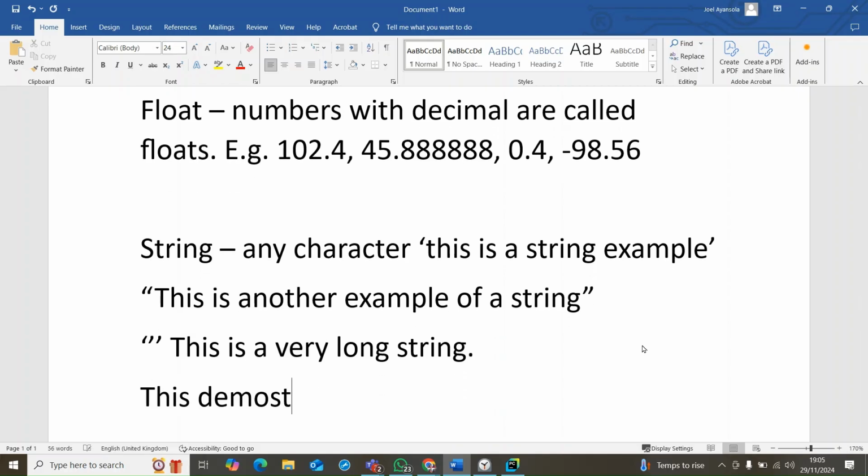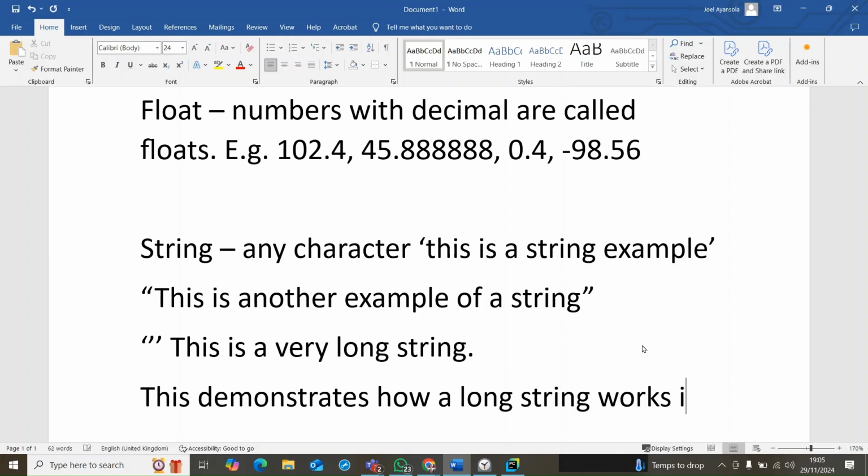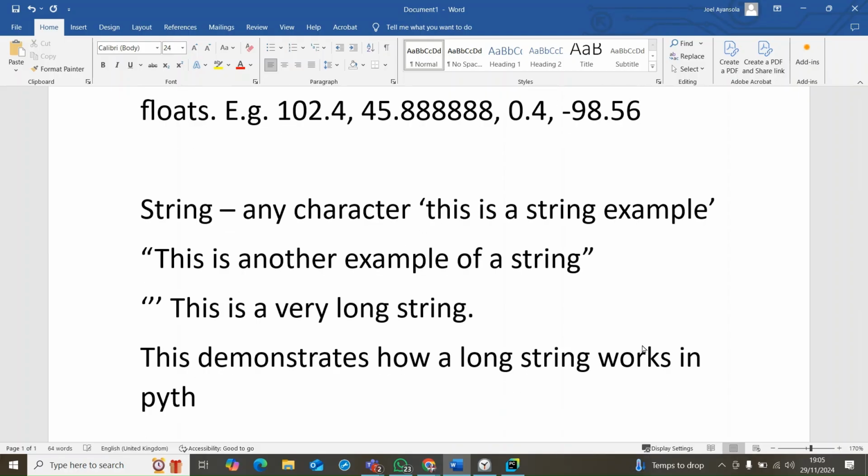This demonstrates how a long string works in Python, right? So what you have to do after that is just put triple quotes after.